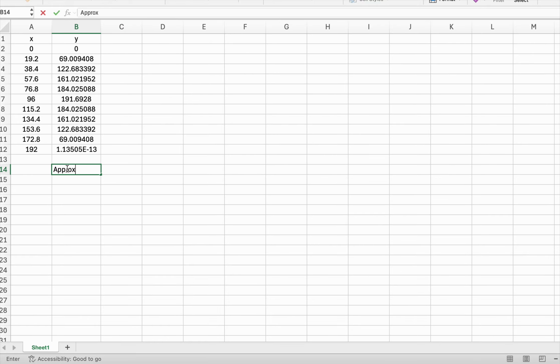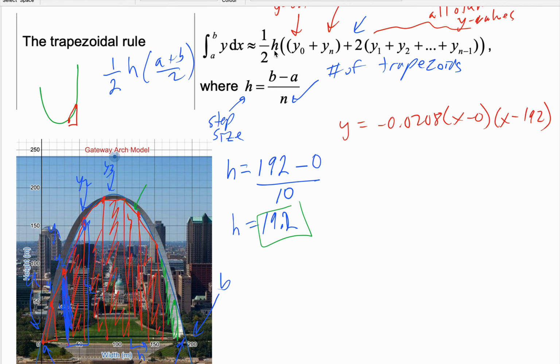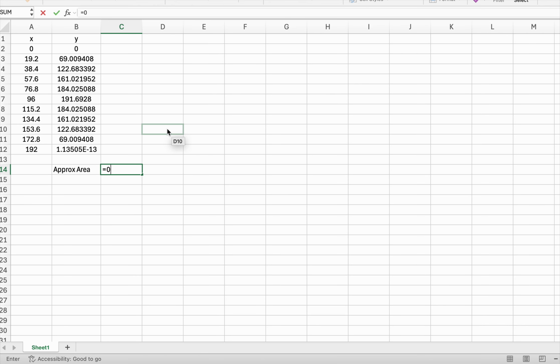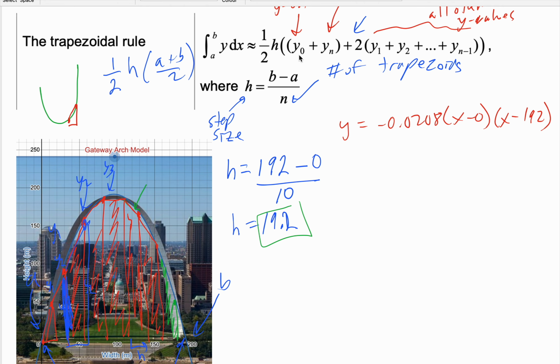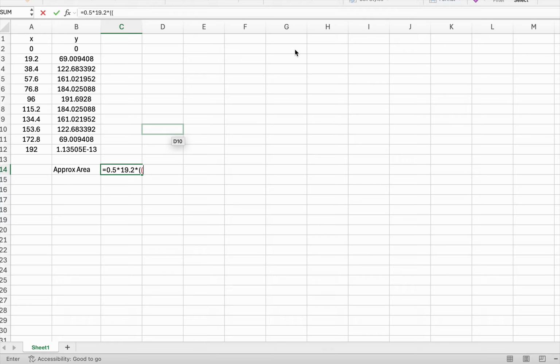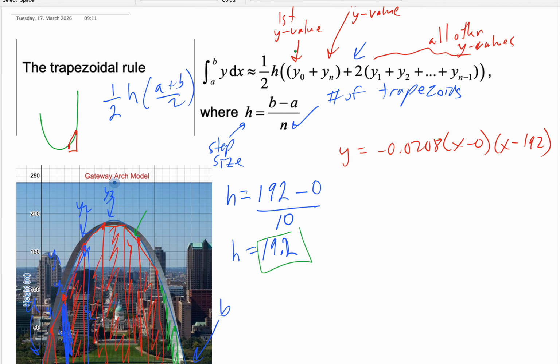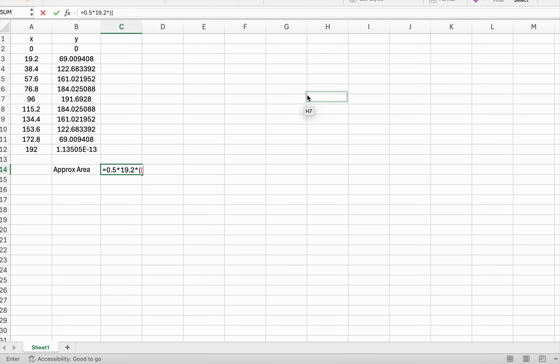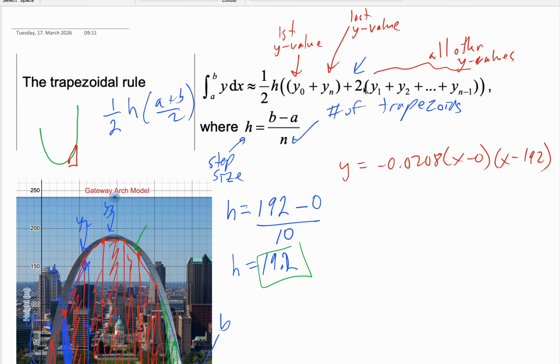Maybe I'll write approximate area equals. You can just type in this formula right here. Half times h, so 0.5 times, remember my h value is 19.2, times brackets. That's my initial first y value plus my last y value. Close my bracket. I'm just copying from this formula.